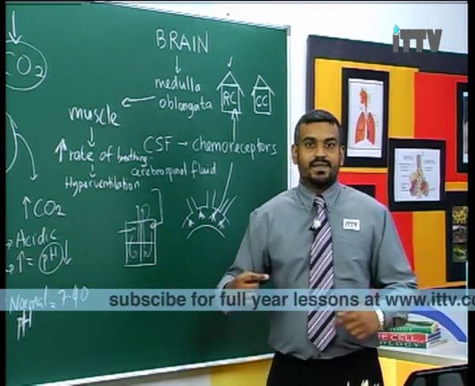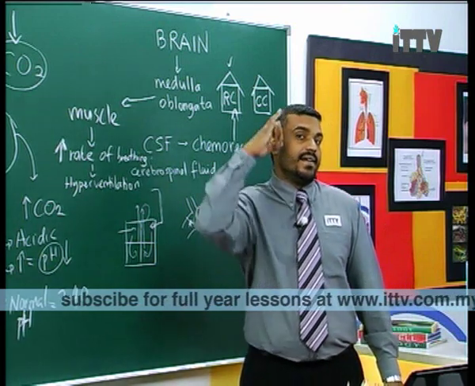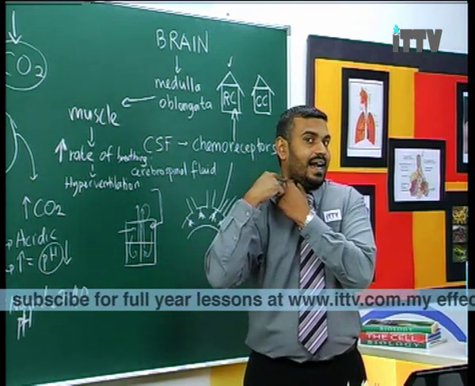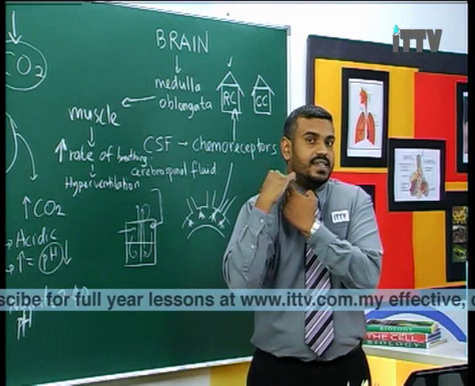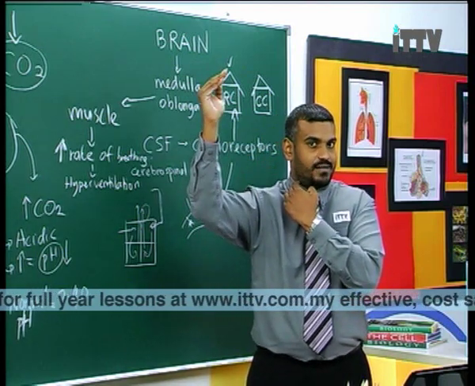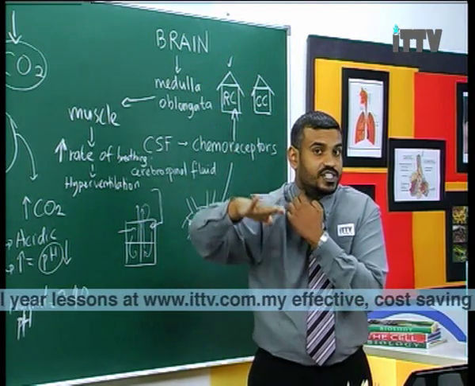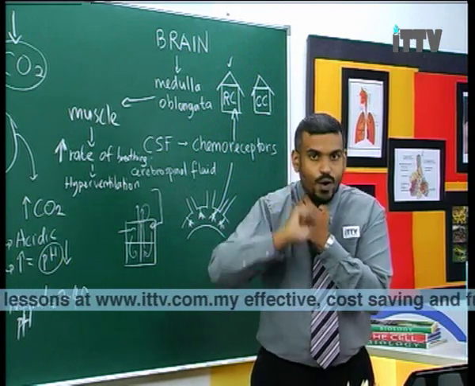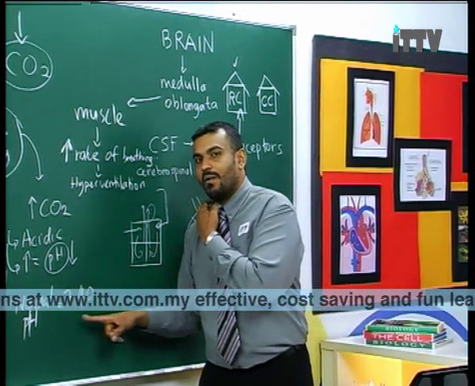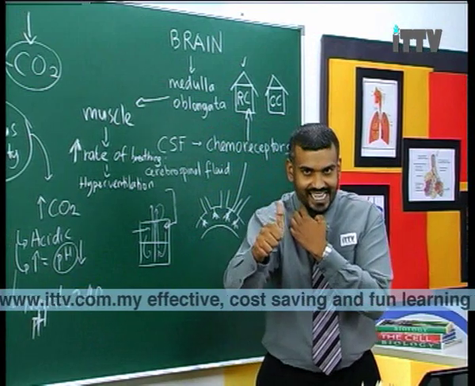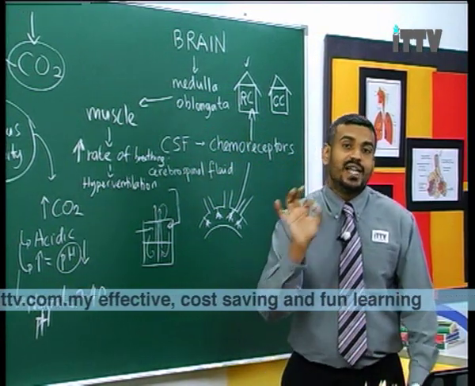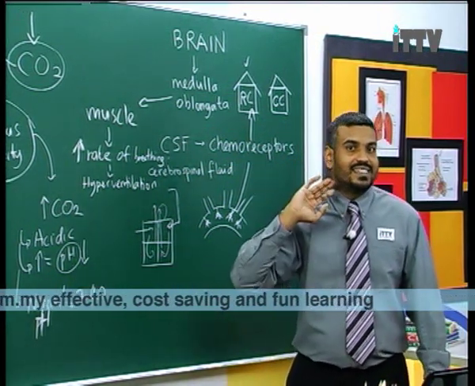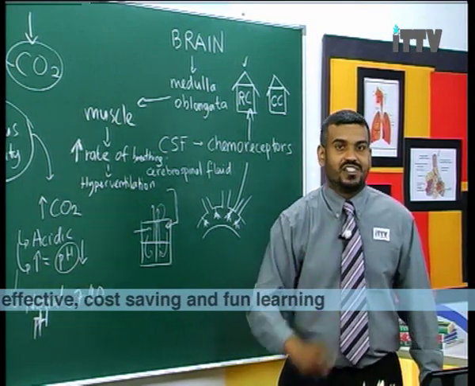That means the blood which is flowing to the brain, the artery here which is going to the brain, this artery will have a high concentration of oxygen or not? Will have a low concentration of carbon dioxide or not? Will have the most optimum pH or not? Yes. So what do you do? Put a receptor here. If there is a change in the pH there, you will be the first to know.